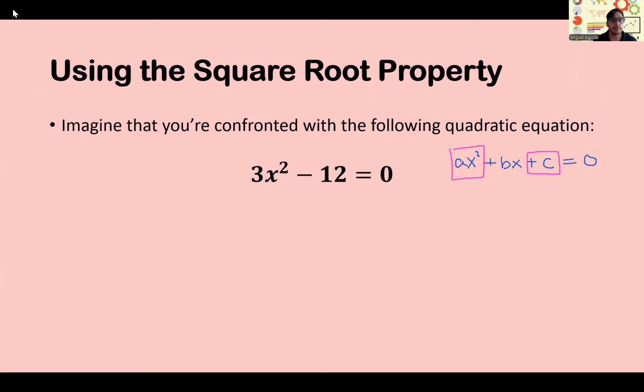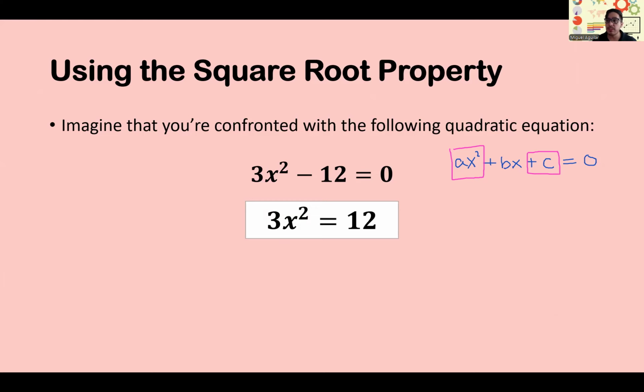So if you recall, what we would usually do for an equation like this is we would take a look at the constant, the minus 12. We would add it over to the other side of the equation so that we now have 3x squared is equal to 12. Then your goal is to get the x squared completely isolated. That is, we don't want that coefficient 3 in front of the x squared.